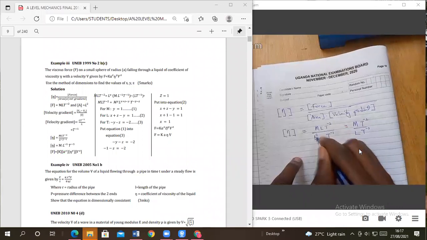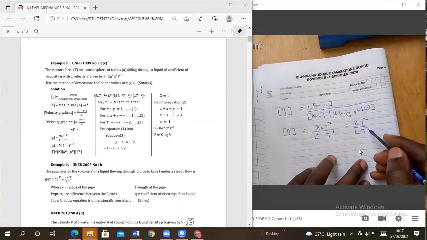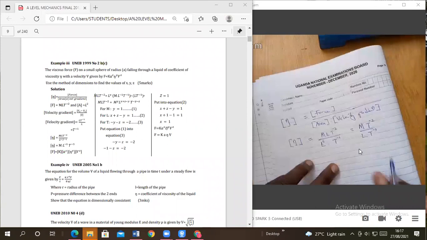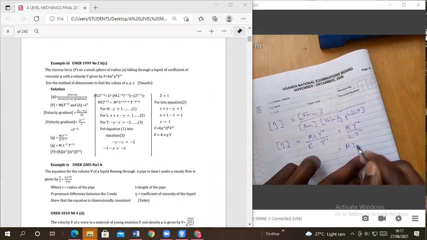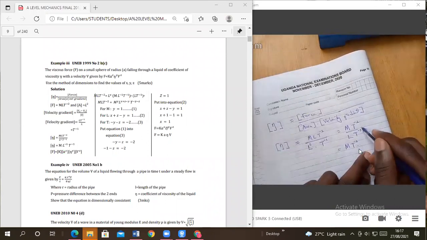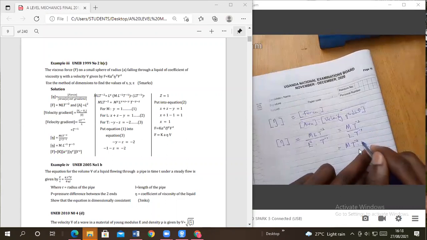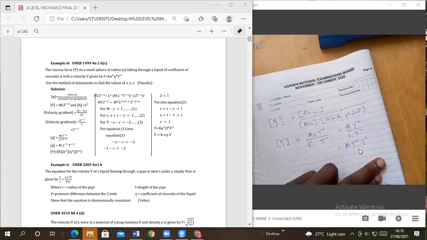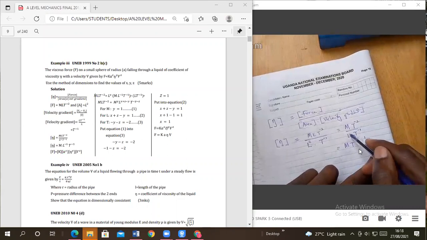Members, have you seen that? Now, when I take all of them up, it becomes M T to the power -2 times, because I'm getting the reciprocal, the power becomes positive, so T to the power 1. Then L, when I get this reciprocal, the power becomes negative.